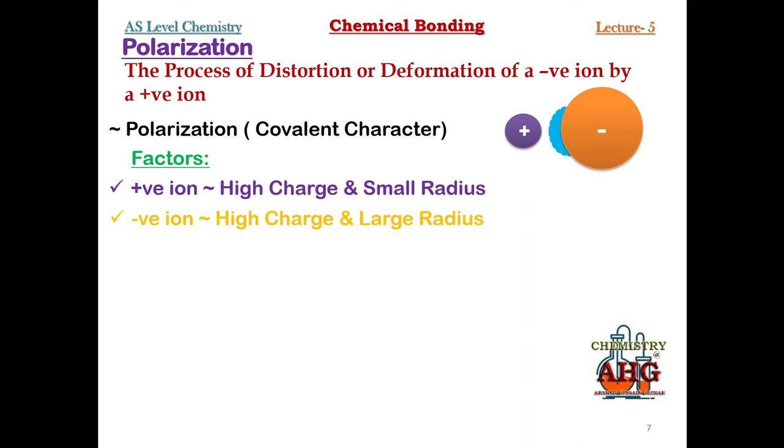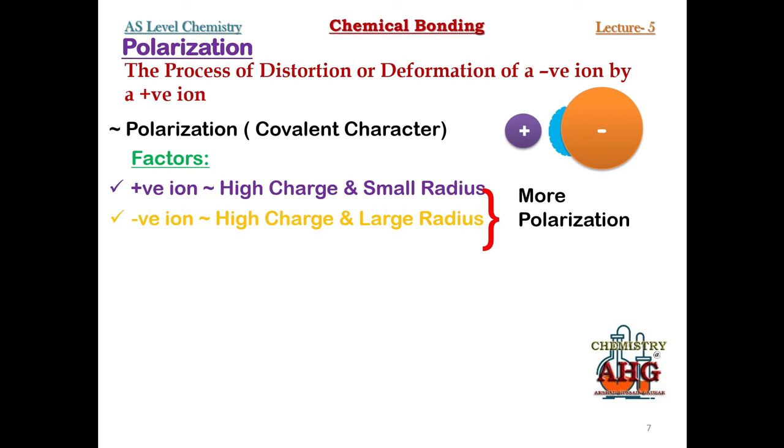So these are the factors of positive and negative ions that you must remember, which are responsible for maximum polarization. A compound can have more polarization whenever positive ion is highly charged and small radius, negative ion is highly charged and large radius. Now let's apply these factors and discuss a few questions.